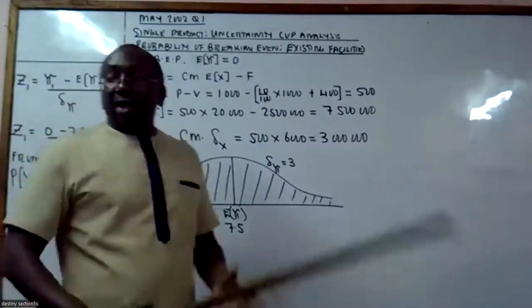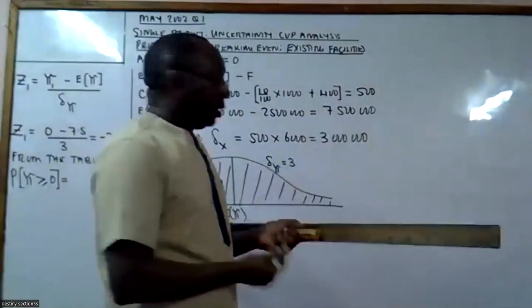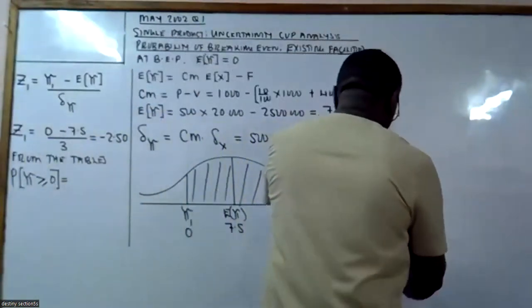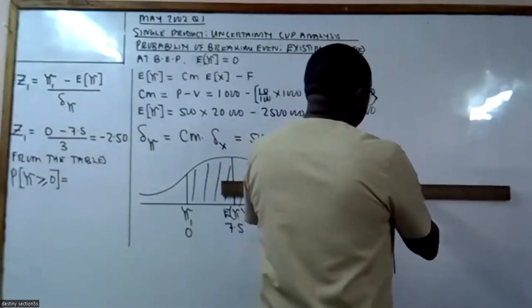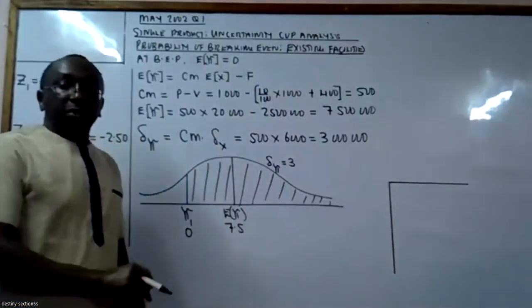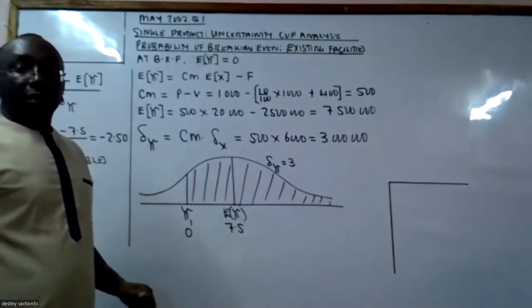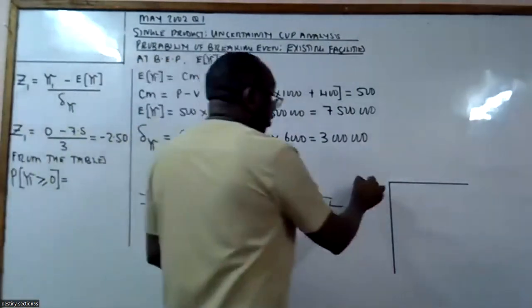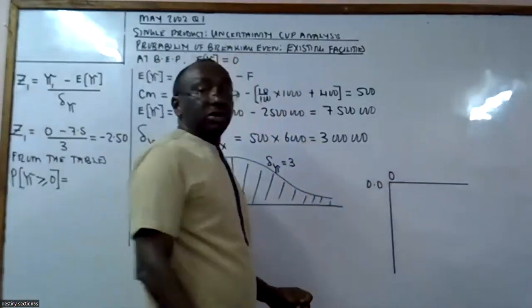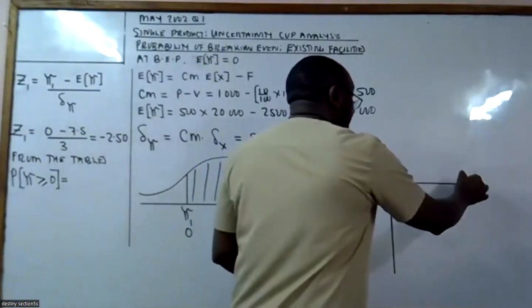Now, I want you to go back to that normal table. When you go to that table, obviously here it begins with 0.0, and here the columns start at 0 all the way to 9.